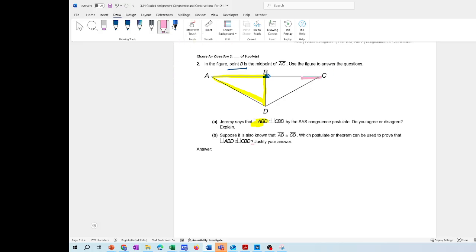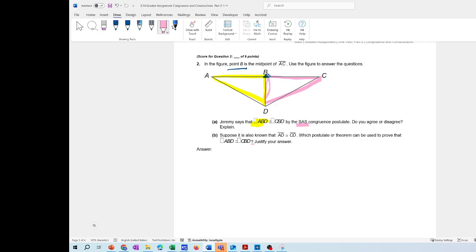So CBD, they're congruent, okay? They're going to have the sides be the same, the angles also. By the side angle side, that means that the sides are going to be congruent, the angle and the side, okay? Do you agree or disagree?